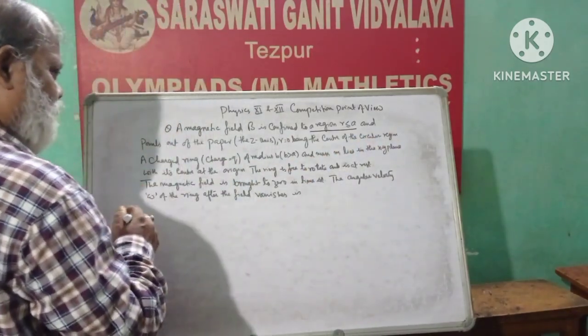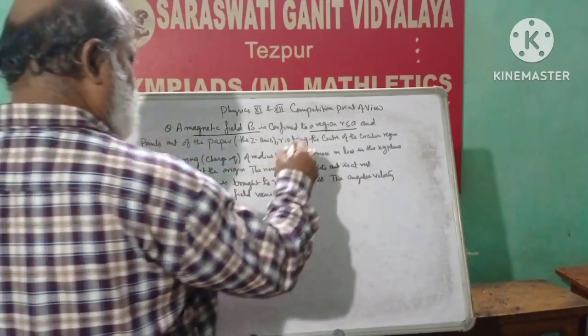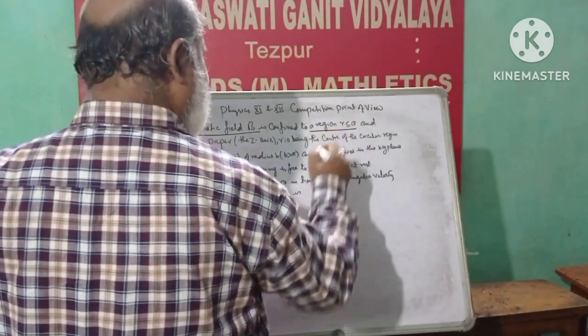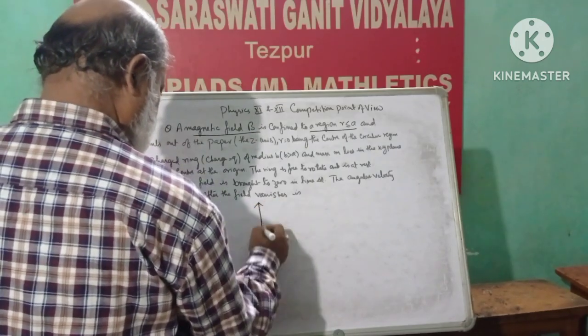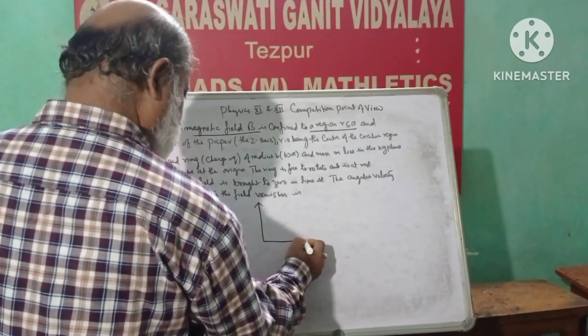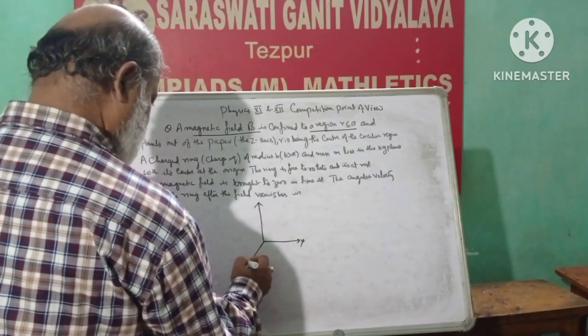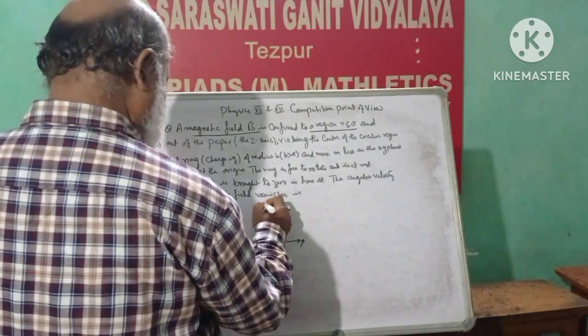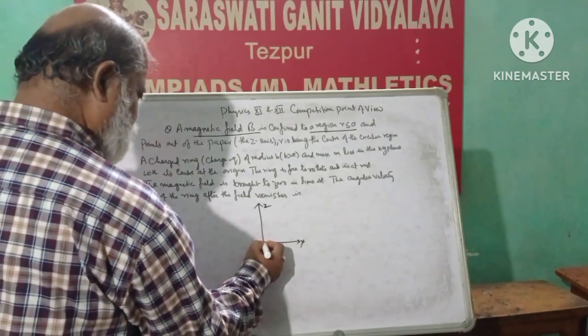That means here it has been told about the magnetic field confined to a region R less than or equal to A. See, this is your y-axis, this is your x-axis, and this is your z-axis. So R is equal to 0, this is 0.